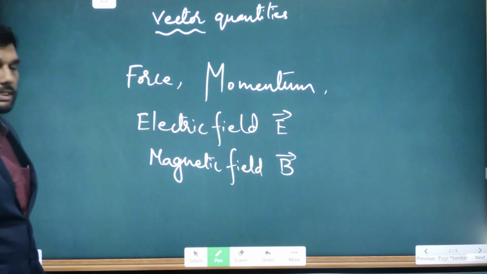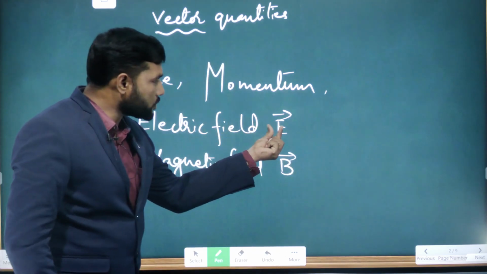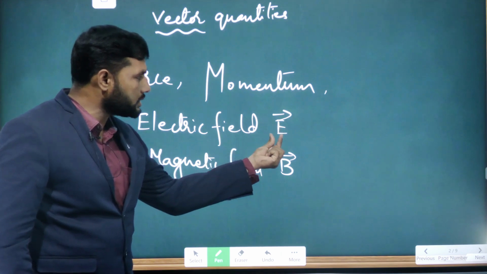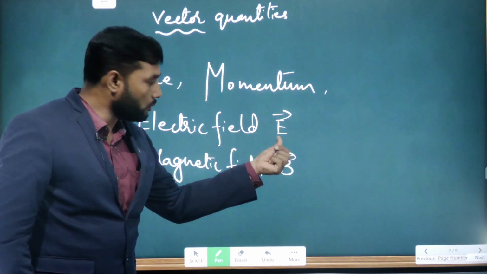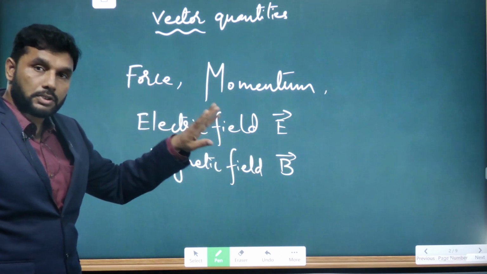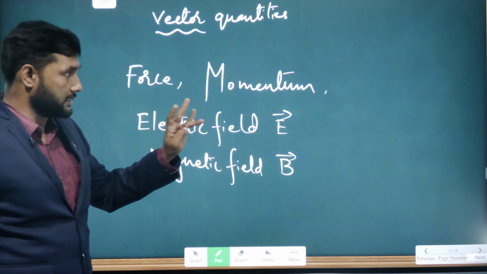The magnetic field is represented with B. To show that it is a vector quantity, we use a letter with an arrow over the top. What is that arrow denoting? It denotes that the quantity possesses both magnitude as well as direction.